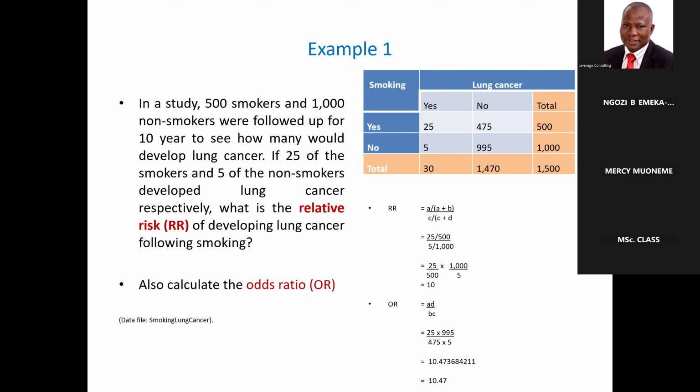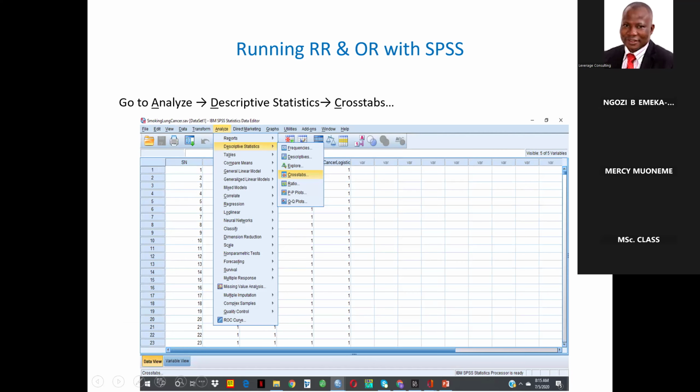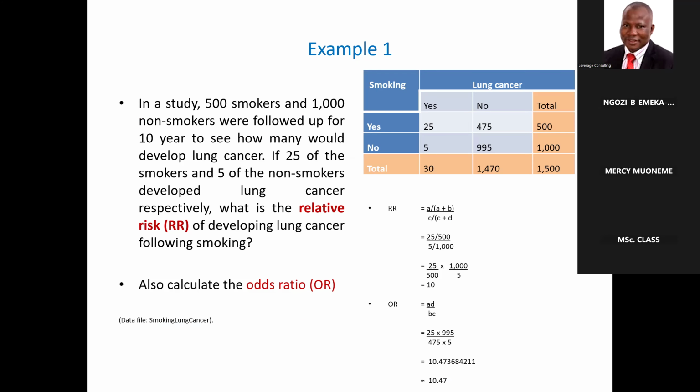However, if you are running logistic regression, it will give you an odds ratio. You're going to see later that the odds ratio is a proxy to relative risk. Proxy means when you cannot do relative risk, you use something that you can use as an alternative.